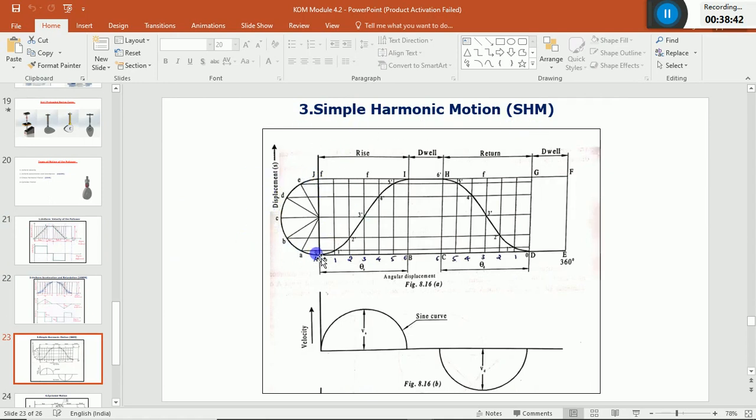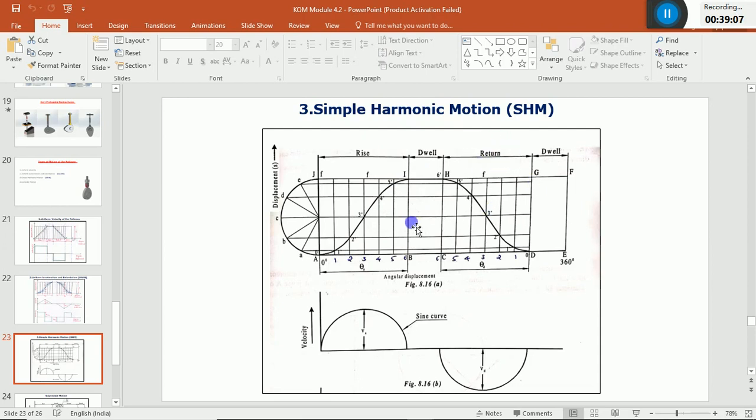Since the follower is moving in upward direction with simple harmonic motion and it is coming downwards in simple harmonic motion, it means for rising also, for returning also, it is simple harmonic motion. So first I'll confirm. Sometimes in the problem it will be given that the follower is rising with simple harmonic motion and returning with uniform acceleration retardation motion.